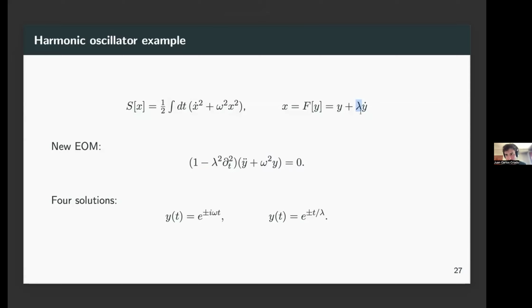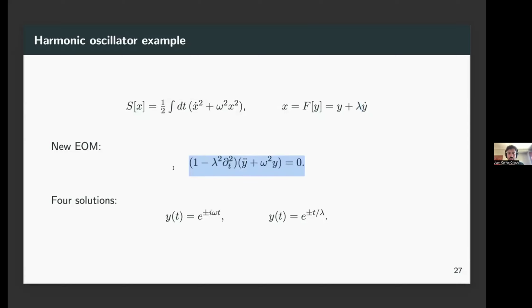But now let's say I forget about this idea that lambda is a small parameter, and I don't want to do perturbation theory here. I want to compute things as functions of lambda, arbitrarily complicated functions of lambda.